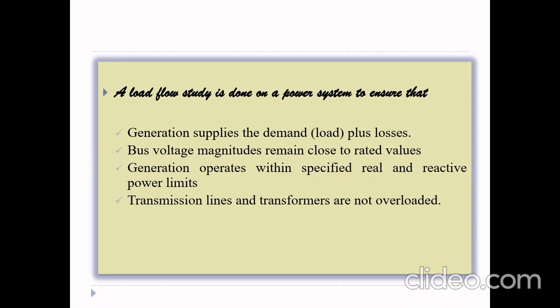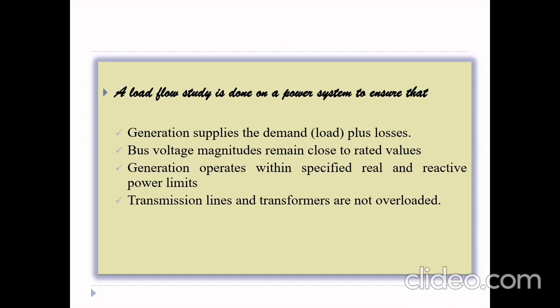Then a load flow study of a power system is to ensure, finally, after doing load flow studies, that the generation supplies total demand plus total losses, because it is the power balancing equation. Whatever power is supplied must meet the load plus losses.